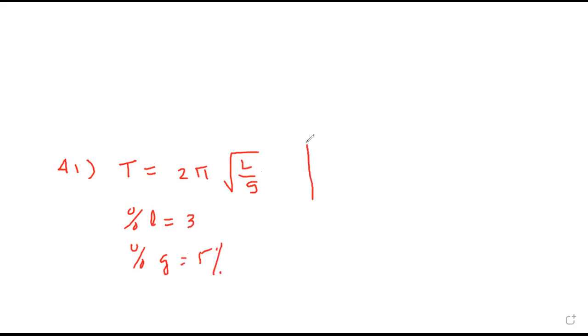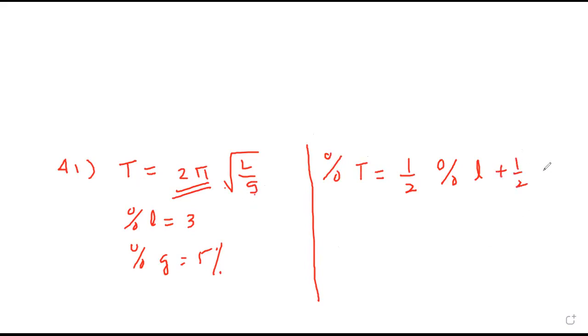Again, same concept: power becomes multiplier. The percentage error in T: 2 pi is constant, so it won't have any error. Root means power half, times percentage error in L. For g also root; whether it is multiplication or division, errors always add.